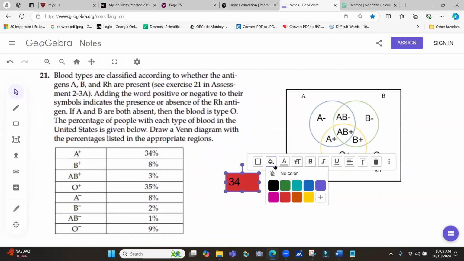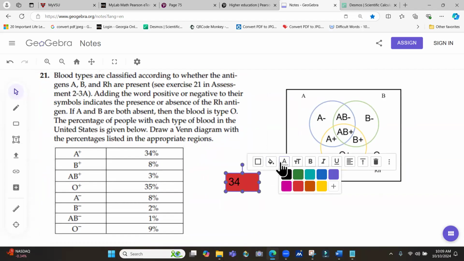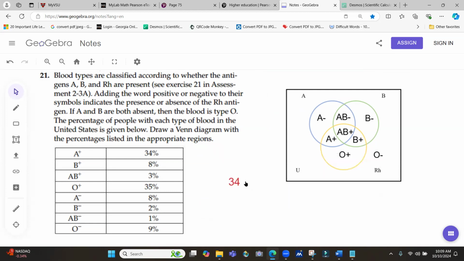Okay, just a moment, guys. Okay, A plus is 34. So this is 34. I can move it, but you understand this is 34. Maybe it's not a good idea, but I will move it if you find it confusing. Okay, or let's do it this way. This is 34.